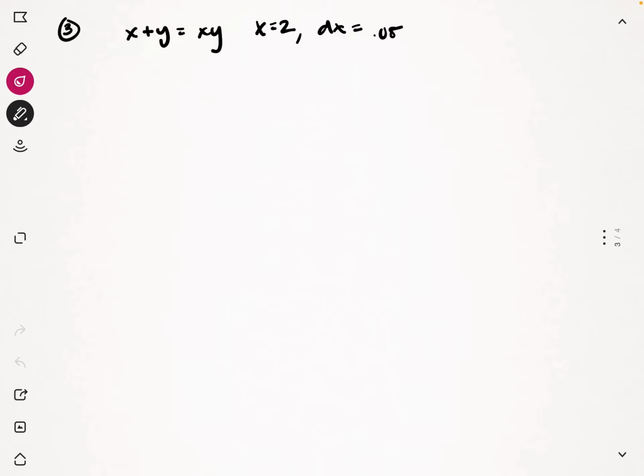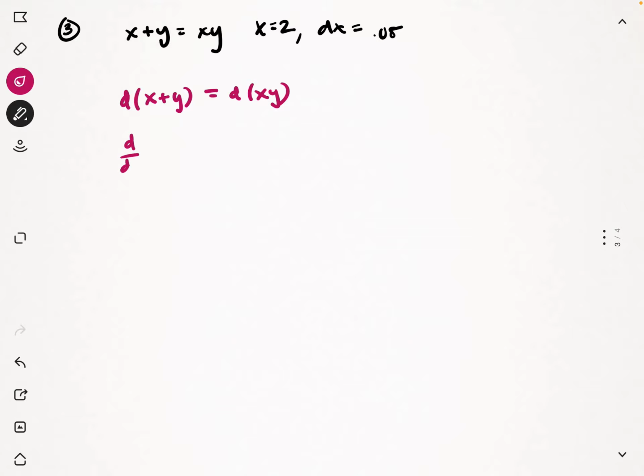Okay, and then one more, because it's kind of complicated for this one. Just remember that when we're doing this, we need to make sure that we do our dy dx. So let's go ahead and do both sides. We're going to do the derivative of x plus y equals the derivative of xy.